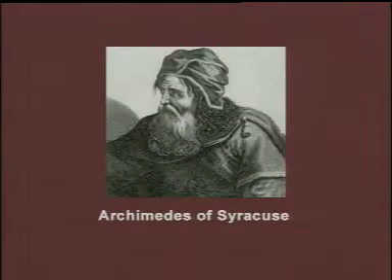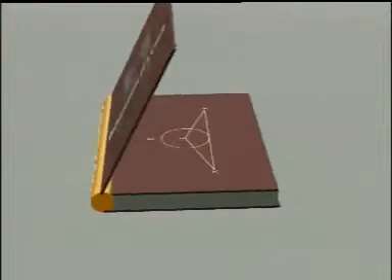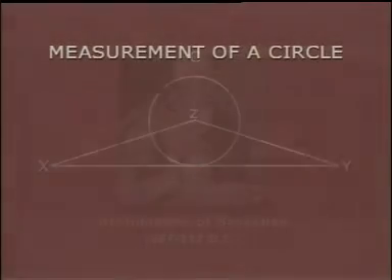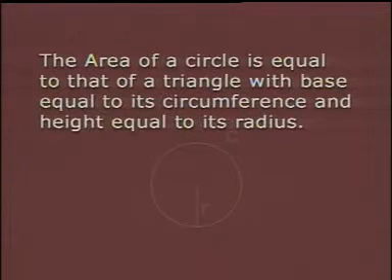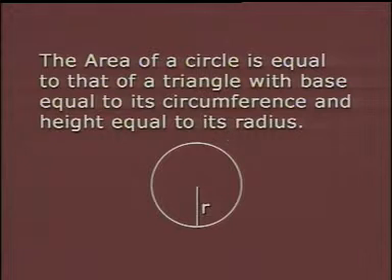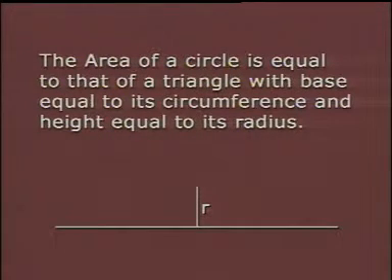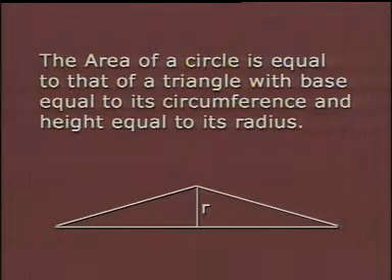Archimedes of Syracuse, in his Measurement of a Circle, provided the first rigorous proof of the fact that the area of a circle is equal to that of a triangle with base equal to its circumference and height equal to its radius.